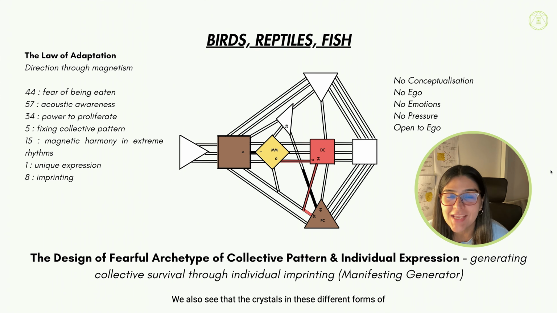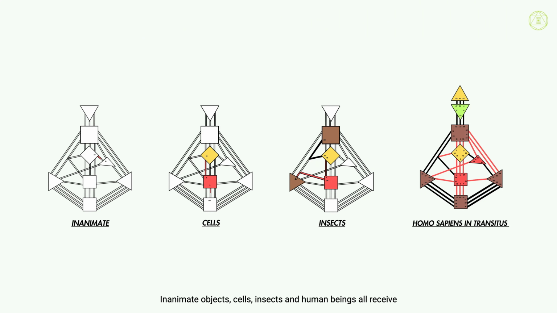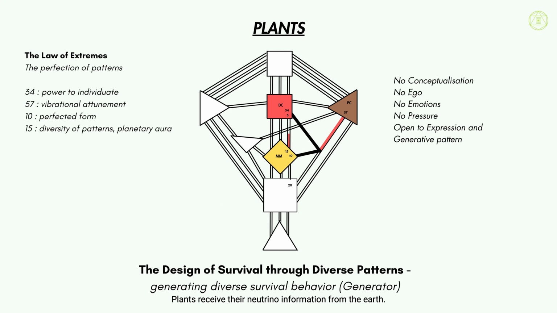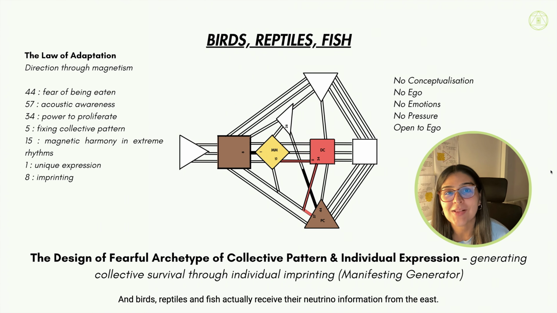We also see that the crystals in these different forms of consciousness actually interact with the neutrino stream differently. Inanimate objects, cells, insects, and human beings all receive their neutrino information at an 88-degree angle. Plants receive their neutrino information from the earth, and birds, reptiles, and fish actually receive their neutrino information from the east.